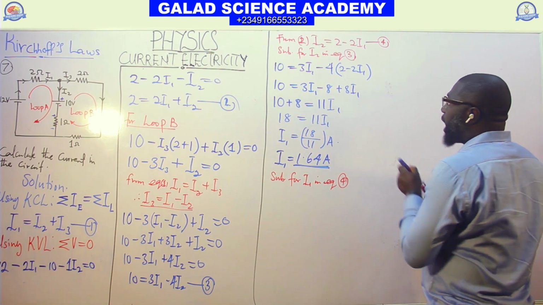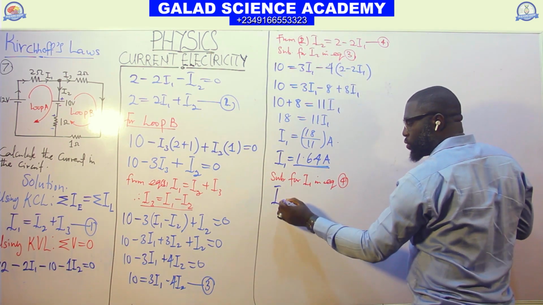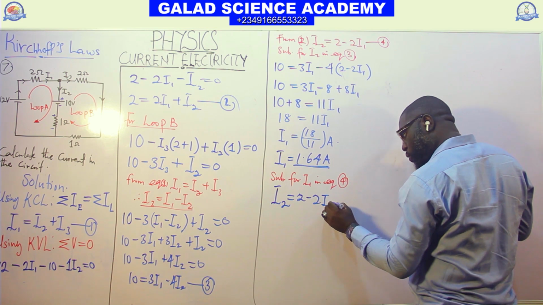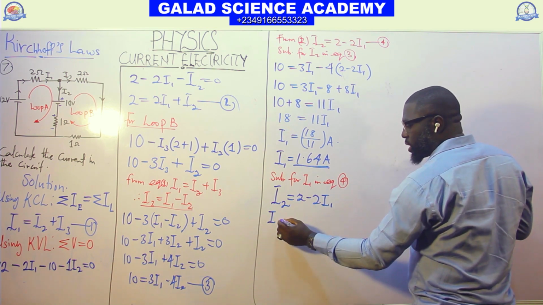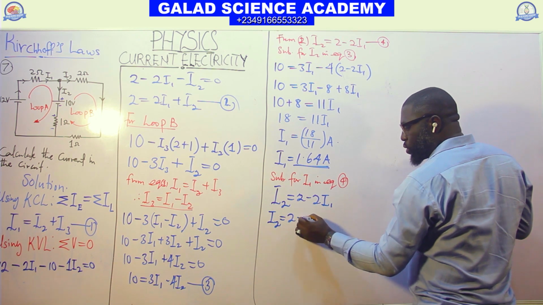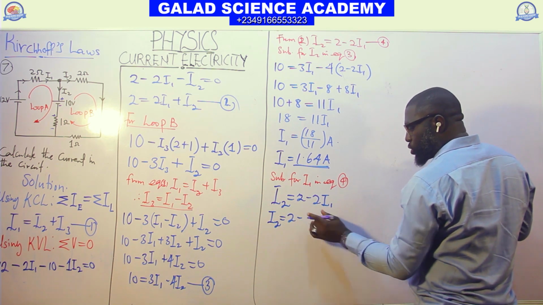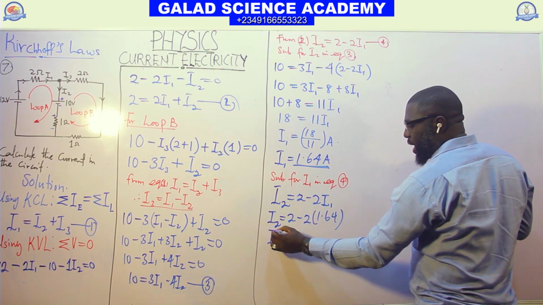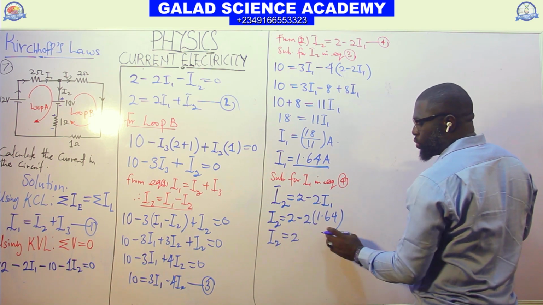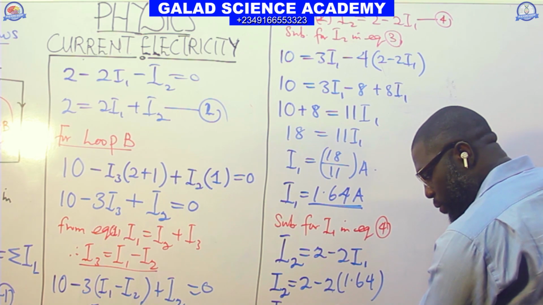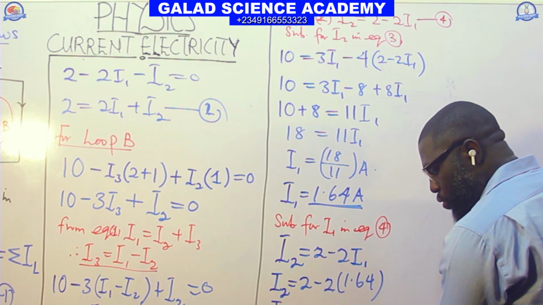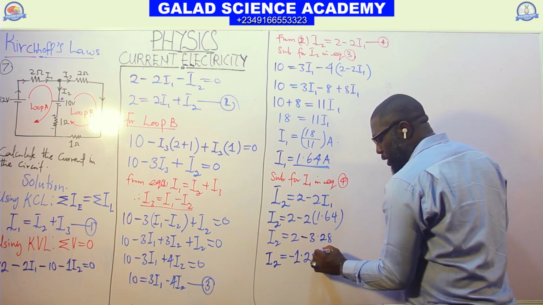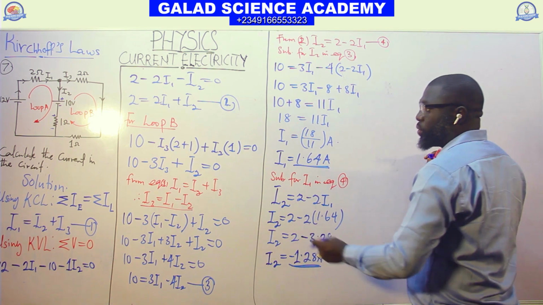Where in equation 4, I2 is equal to 2 minus 2I1. You now have I2 equals 2 minus 2 multiplied by 1.64 ampere. I2 will be 2 minus 3.28, which is minus 1.28 ampere. So you can get a minus.